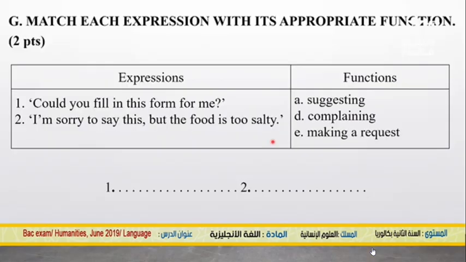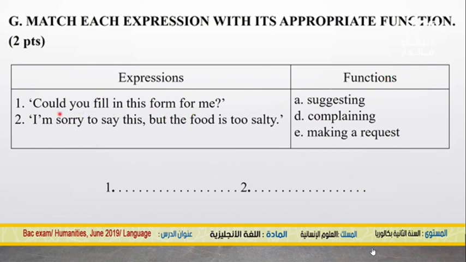Well, exercise G is about expressions and their corresponding functions. So let's read the exercise and see how we can do it. Exercise G. Match each expression with its appropriate function. As you can see, on the left we have expressions, and on the right we have functions.